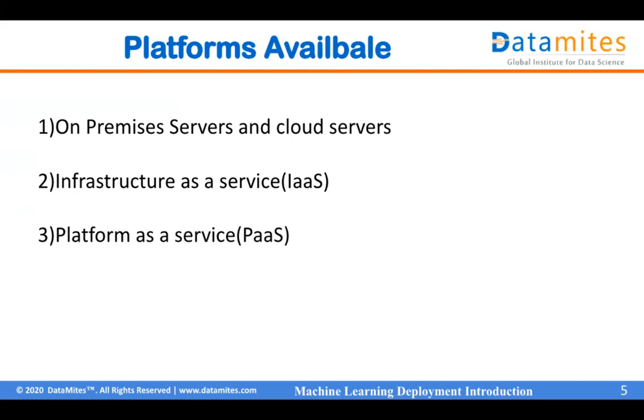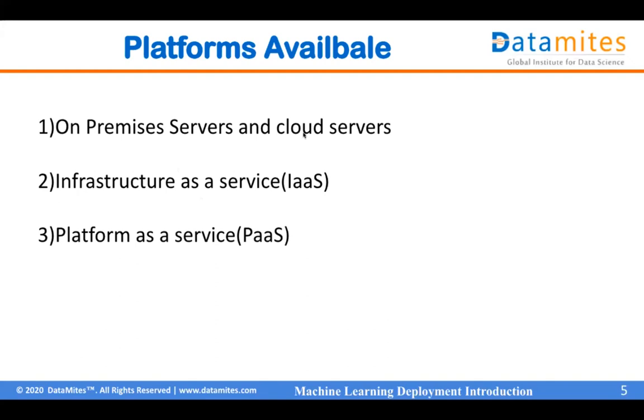And the third platform is platform as a service, right? Platform as a service means as per your requirement, they will tune their platform and allow you to use it. Okay, so these are the different types of platforms. When I say platform, I'm just referring to the servers only. Okay, so these are available for the deployment.